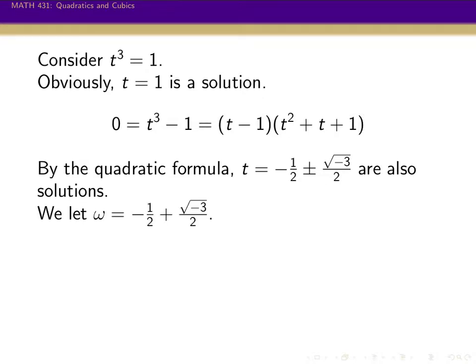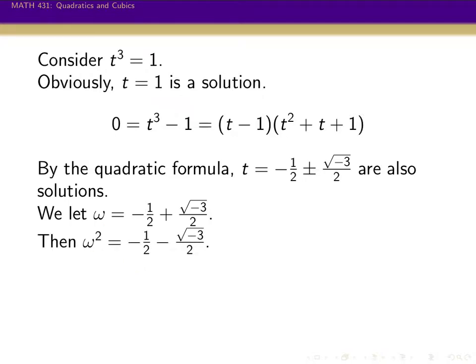Okay. So the plus on this is usually given a special name. This w here, really, this is a lowercase omega. And so omega is often given to this other cube root of 1.